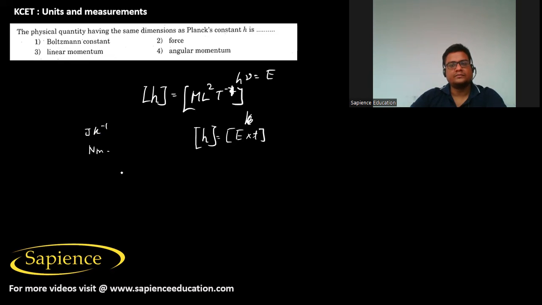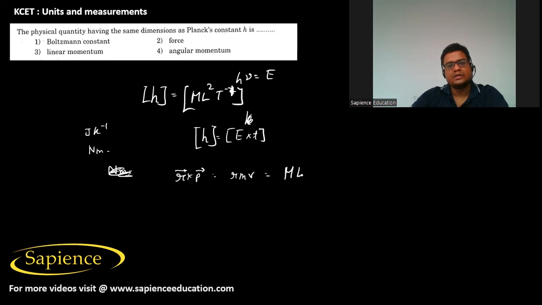Angular momentum is r cross p. R cross p means it is mvr.